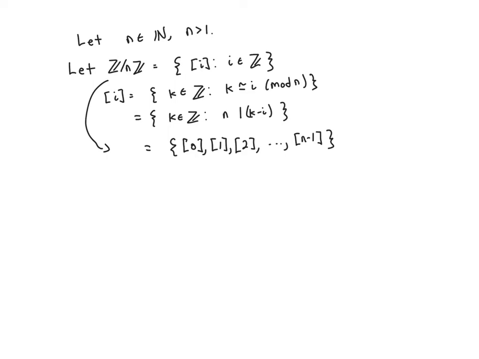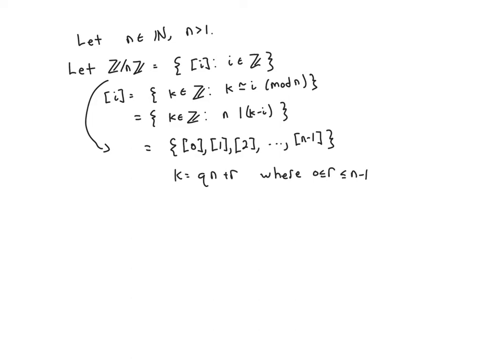Finally, worth noting that this set is actually a finite set because the equivalence classes are the equivalence classes of 0, 1, 2, up to n minus 1. Why is this true? Well, because one can always check that any integer k, by the division algorithm, must be of the form qn plus r, where r is less than or equal to n minus 1.